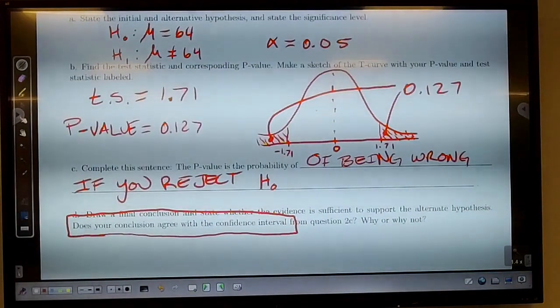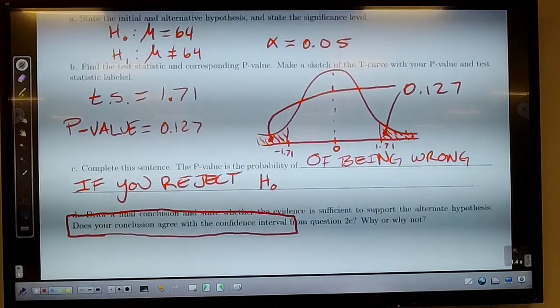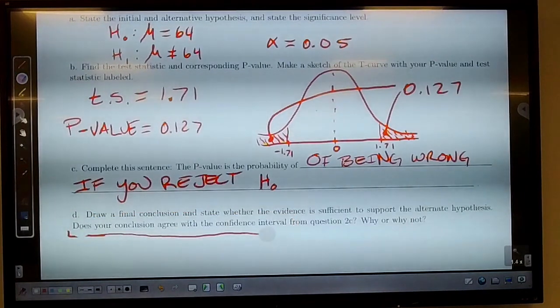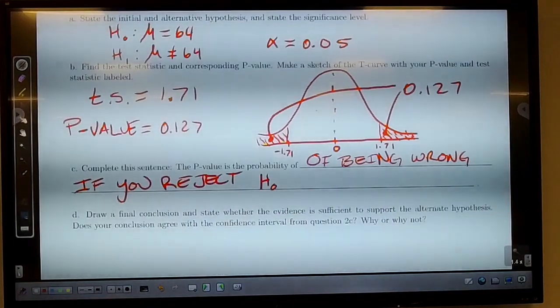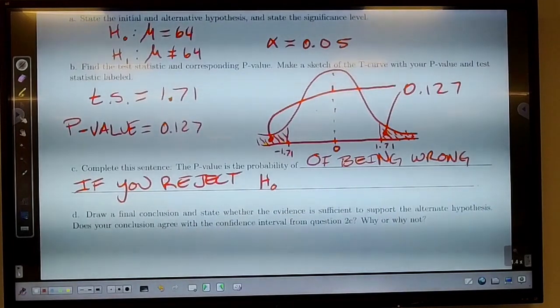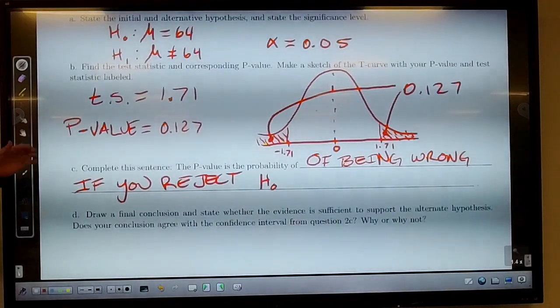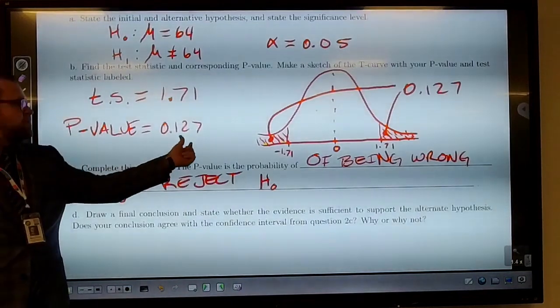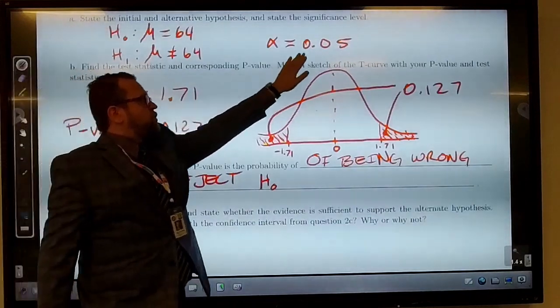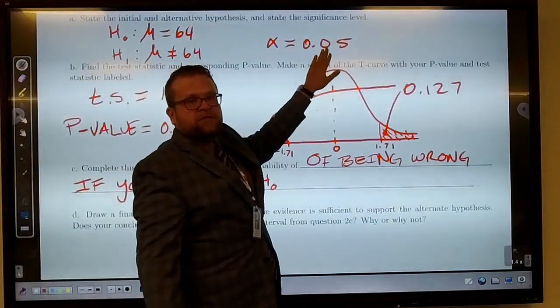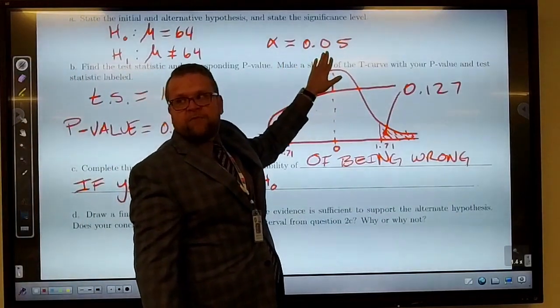Let us decide if we're going to reject or fail to reject. What's the probability that I'll be wrong if I reject? It's that number, 12.7%. That's kind of steep. A 12.7% chance of being wrong? No, can't do it, because the limitation is 5%. Can't do more than 5%.